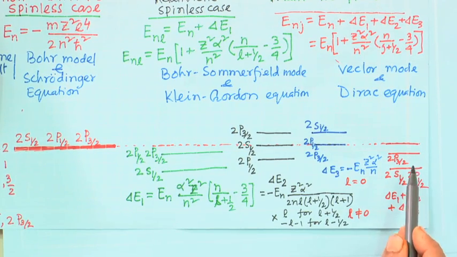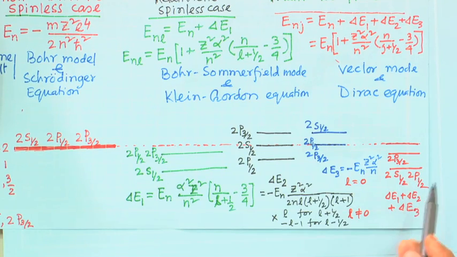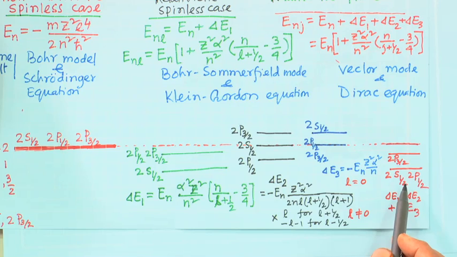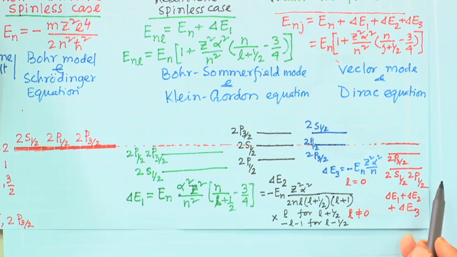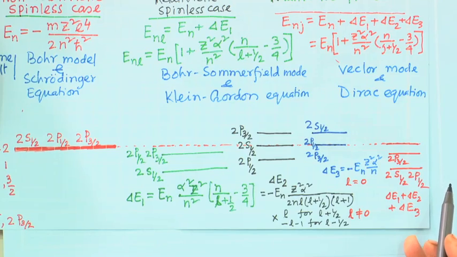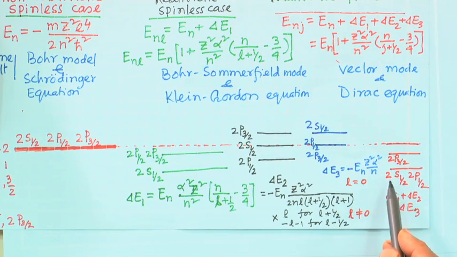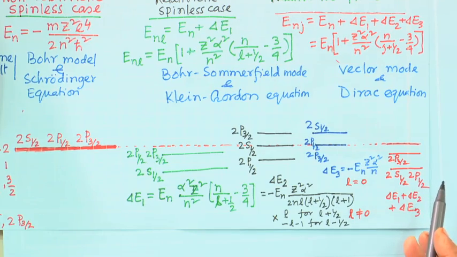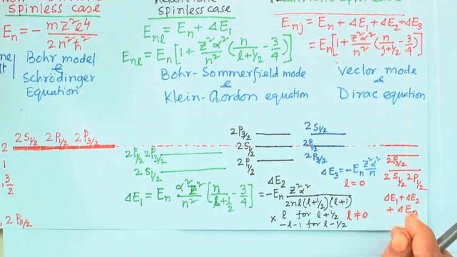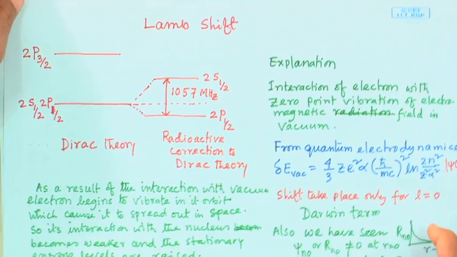That means they have different energy levels, but this difference is very, very small. As per the Dirac equation they coincide, but Lamb and Rutherford discovered experimentally that there is a shifting of S1/2 from P1/2. This shift is called the Lamb shift.